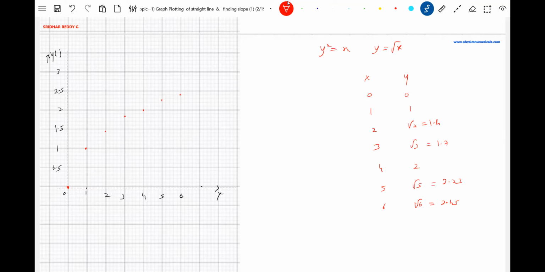Look at the curve. If you are able to understand, this is also a parabola. Both of these are parabolas. These are the experimental points.